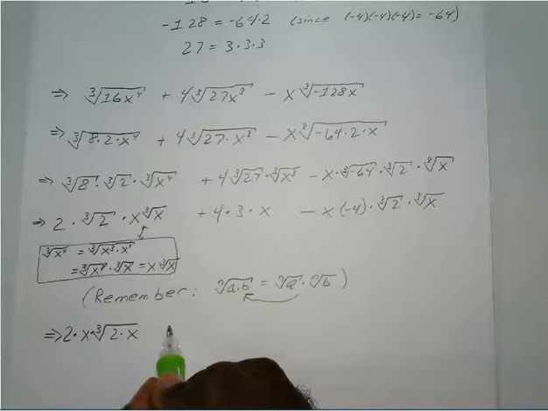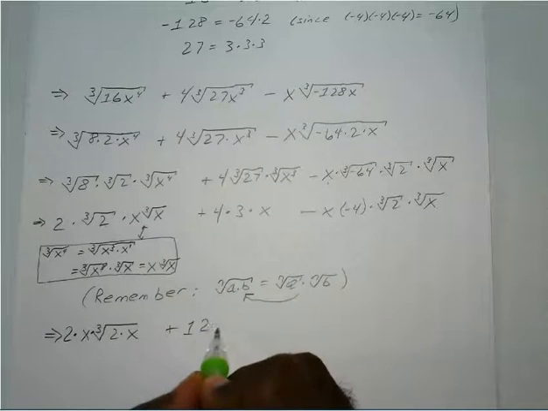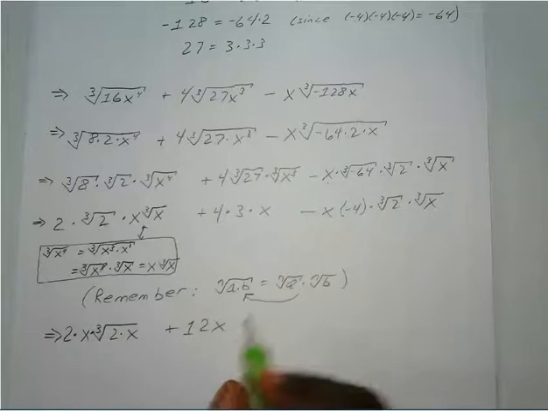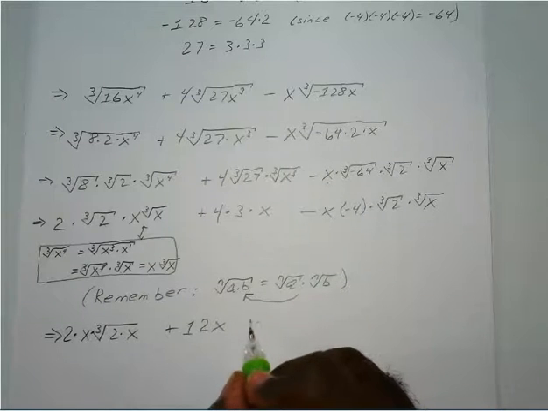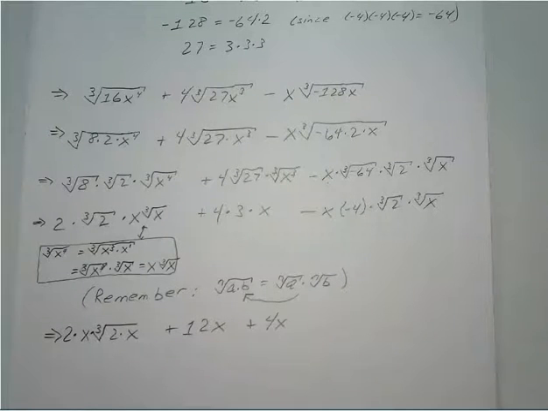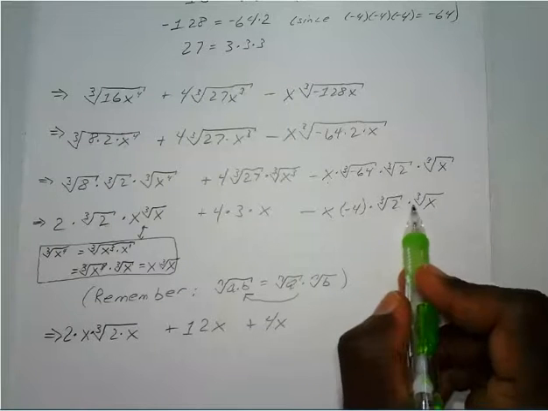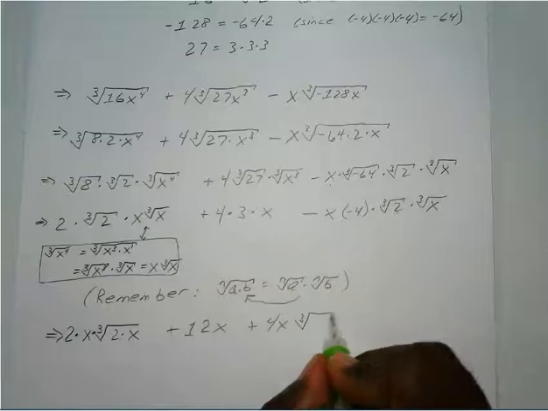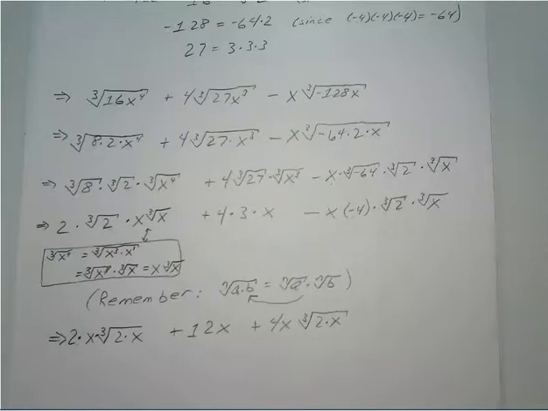Okay, so now if we go to this one, you just have 4 times 3, which is 12, so you have 12 times x. Okay, so you have minus and the negative here, so that gives you plus 4 times x, so that's plus 4x. Then again, if you combine those two, you have cube root of 2 times cube root of x. You have the cube root of 2 times x. Or you can just make it 2x if you want to.